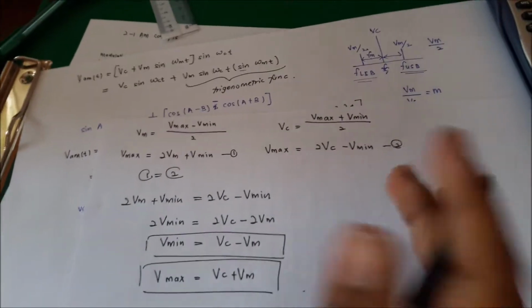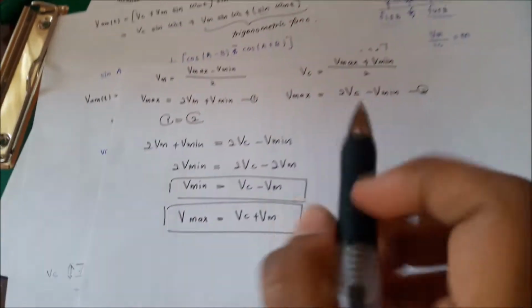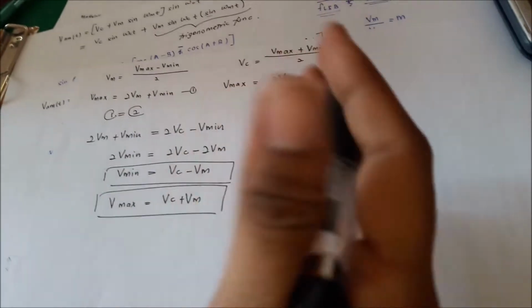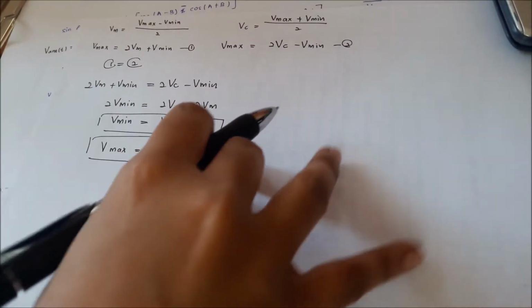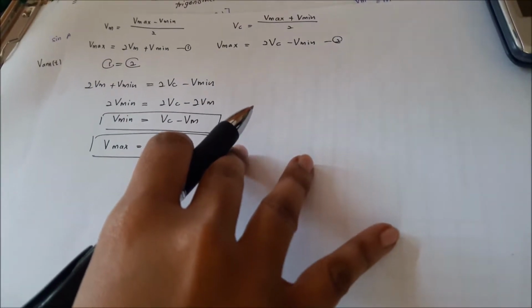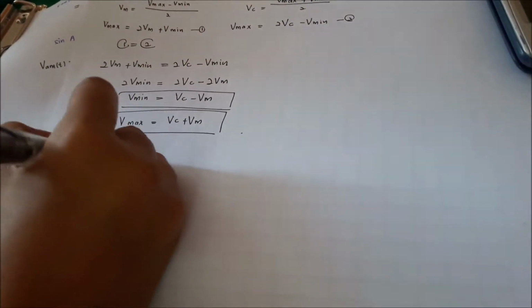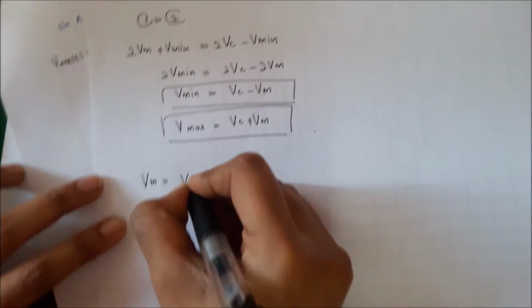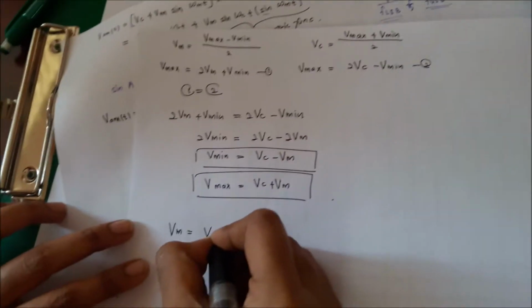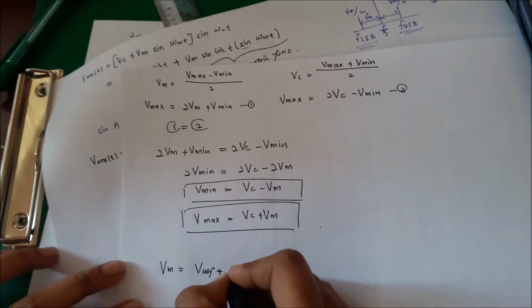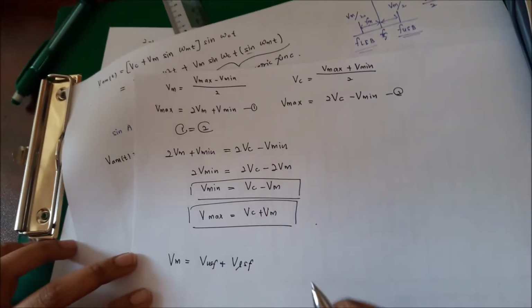Okay. Now if you know how to play with these equations, V min, V max, Vm and also Vc, you could also play with your Vm, which is equivalent to your V USF plus V LSF. What is this?